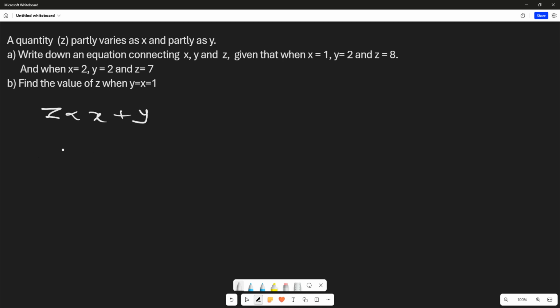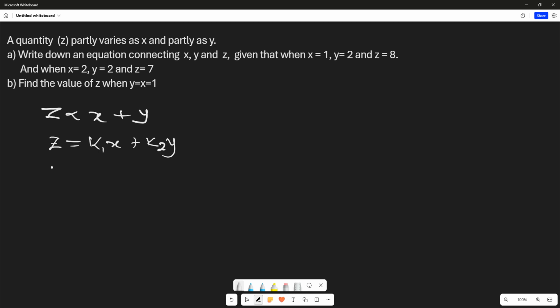So we have to introduce our constant of variation. z is equal to k1 x plus k2 y, where k1 and k2 are constants of variation to be determined. Let's put in our values.